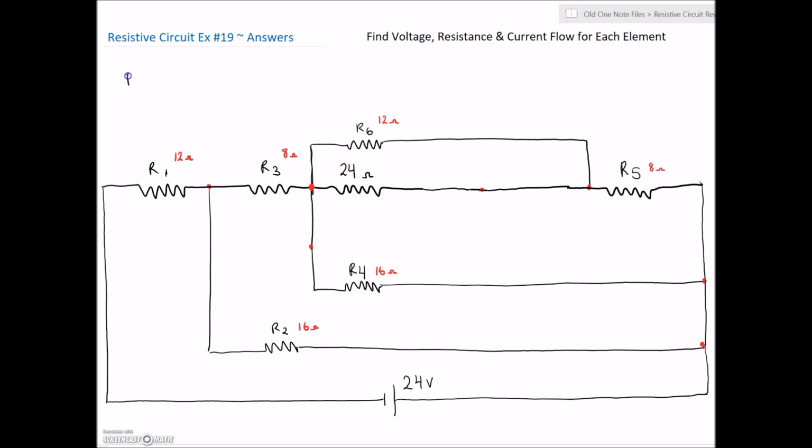So we can now do the equivalent resistance using product over sum again. We'll do 12 times 24 over 12 plus 24. Okay, 12 times 24 gives us 288. Well, this looks exactly the same as before, my friends. Then below we've got what? 36. 288 divided by 36.